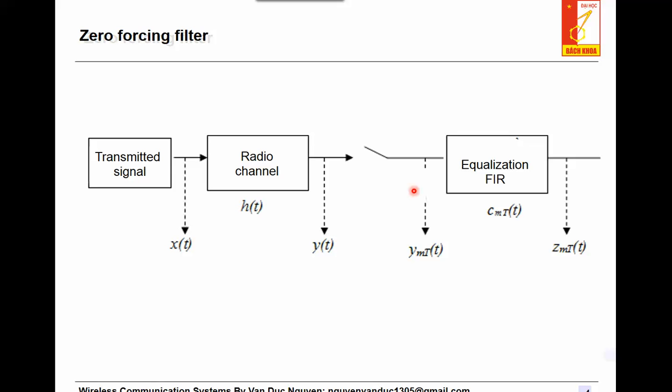Here is the equalization filter. We denote it as c of t, and we receive the signal z of t. Here x of t is the transmitted signal, h of t is the channel impulse response, and y of t is the receiver signal.